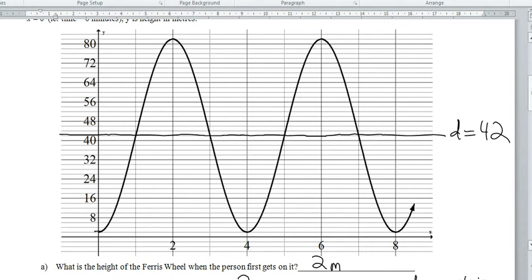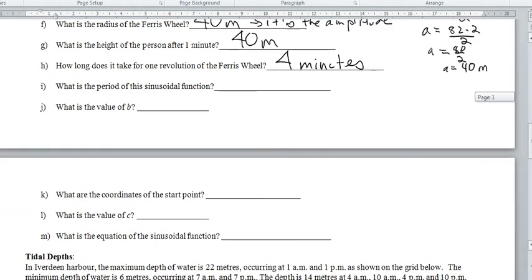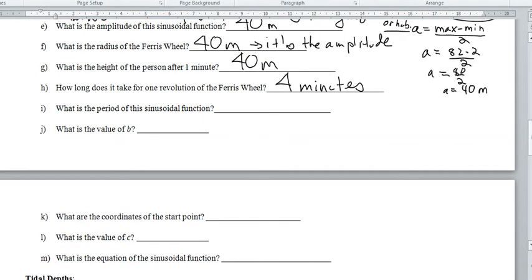That's 4 minutes. What is the period of this sinusoidal function? 4 minutes. Period is the length of one cycle, right? It's the time it takes to get around once on the Ferris wheel.